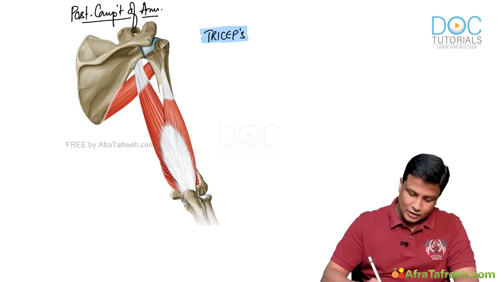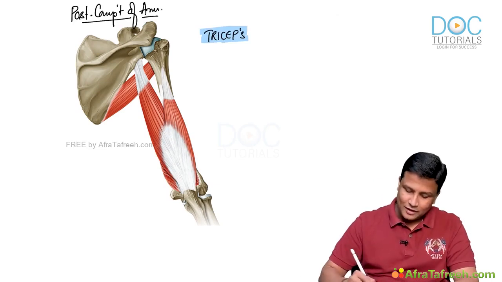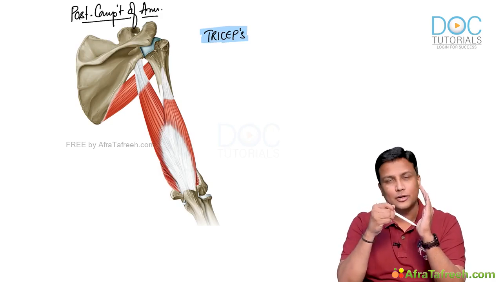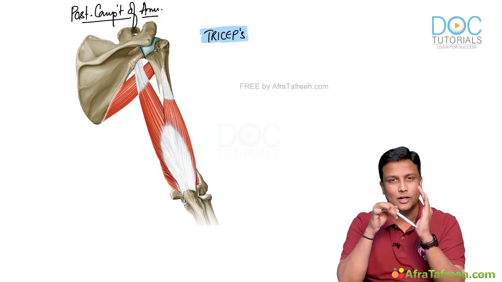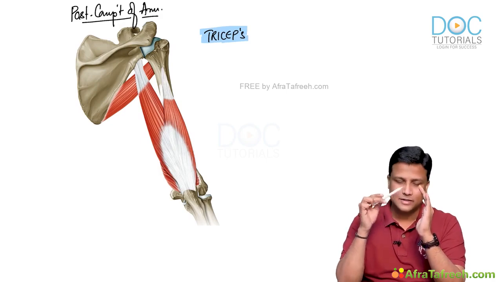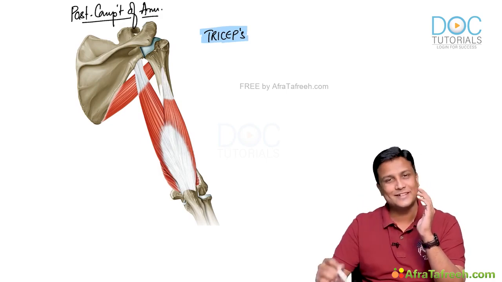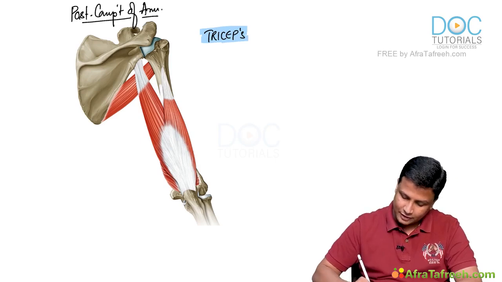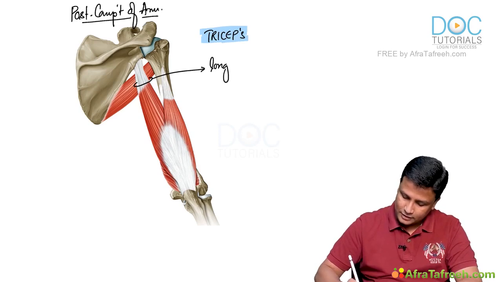As I told you, try to recall, the glenoid cavity will be having a supraglenoid tubercle and an infraglenoid tubercle, one tubercle above, one below. From here, the long head of the biceps, and from here, the long head of triceps. So the long head of triceps will be originating from the infraglenoid tubercle. This will be the long head.